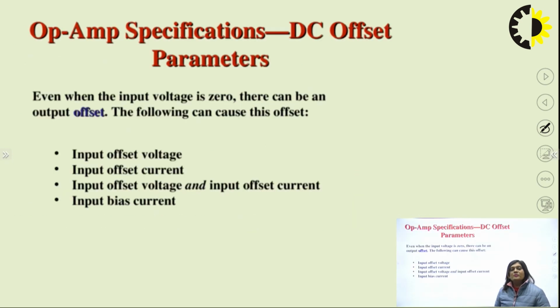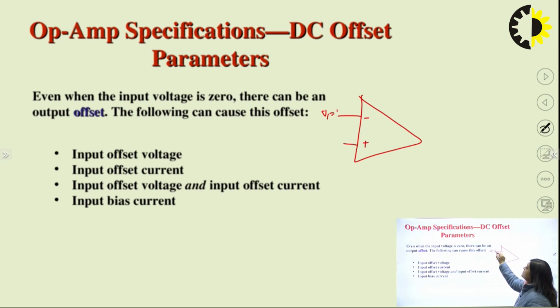After that, op-amp specifications. These are the different parameters that are used for the op-amp, like input offset voltage, input offset current, and input bias current. I have told you that generally, if we are not providing any input at the op-amp, like this is the minus, this is plus, and here the input is 0 and here also the input is 0, our output must be 0.